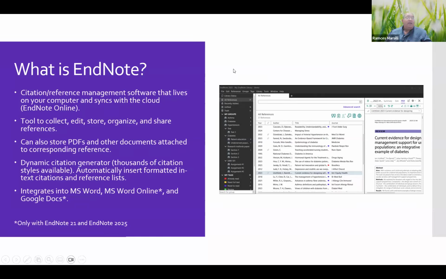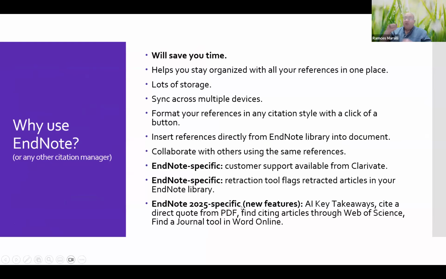Now, why use EndNote? We recommend using EndNote or any other citation manager really for several reasons. Primarily, it will save you a lot of time by keeping all of your references in one place and help you group them into several groups or folders.